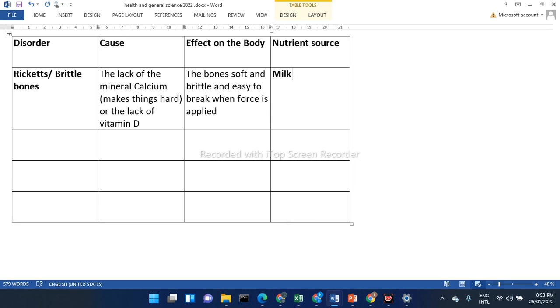Well, I'm an advocate of milk anyway. But on your exam, they're looking for milk for calcium. Cheese, broccoli. Yeah, eat your broccoli. Yogurt.